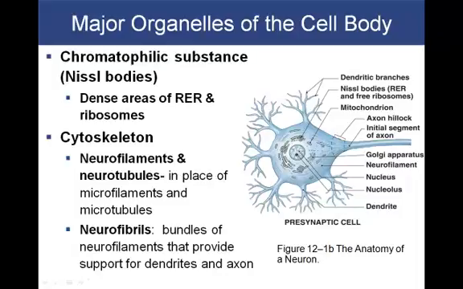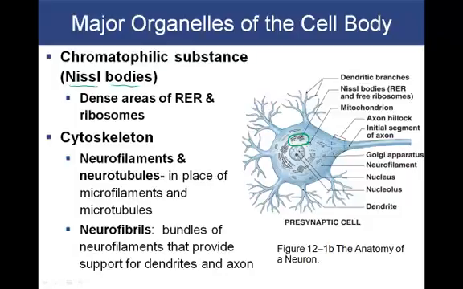There are a number of very darkly staining structures in the neuron that are known as chromatophilic substance. The old name for these were Nissl bodies. Chromatophilic substances are areas that have a tremendous amount of rough endoplasmic reticulum and free ribosomes.